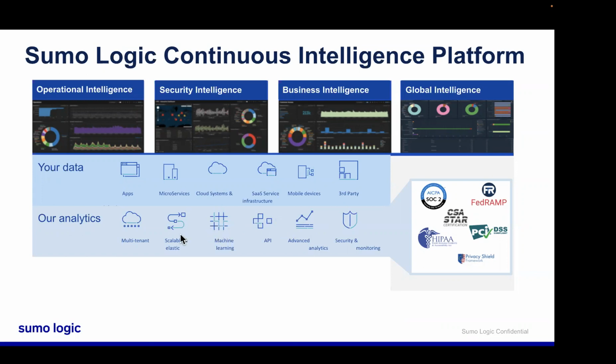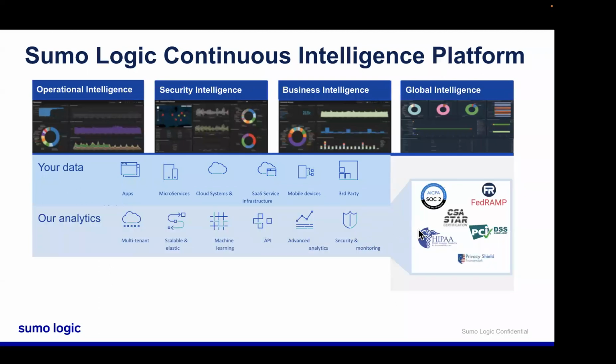We are scalable, so if you need to add more resources, we can meet your needs. We're elastic, which means we can contract and expand to any of your needs. Some companies may want to incorporate the CIP, Sumo Logic's continuous intelligence platform. They might want to incorporate it so you can use APIs, application programming interfaces.